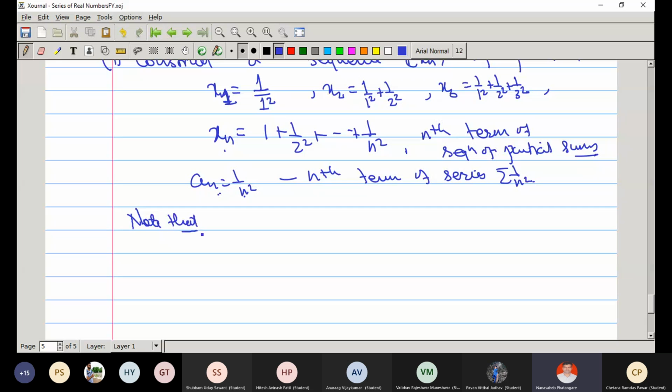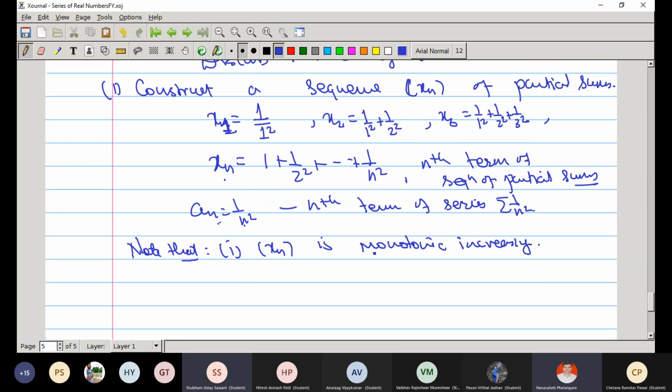What can you say about this sequence? First point, xn is monotonic increasing. Is the sequence monotonic increasing? Is it true? Yes, sir. Right, because by our theory from sequences, it is clear that xn plus 1 is greater than xn, monotonic increasing.